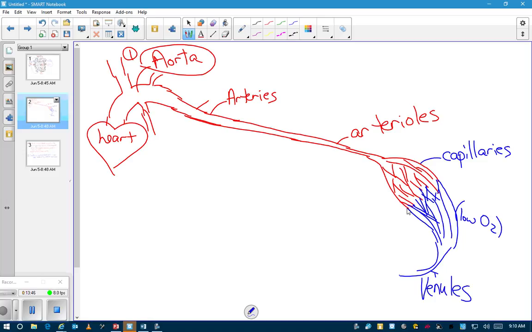Oh, I did. It's the smallest artery before you get to the capillaries. So the biggest is your aorta, and as it goes through the body, it turns into various kinds of arteries. And then right before you get to capillaries, your smallest arteries are called arterioles.